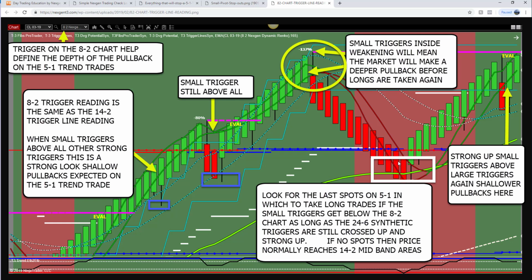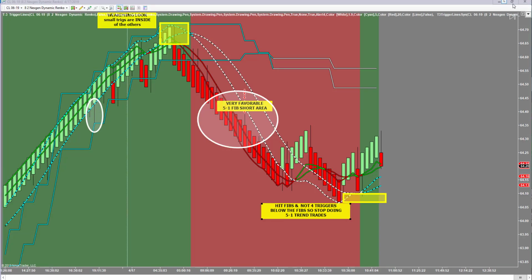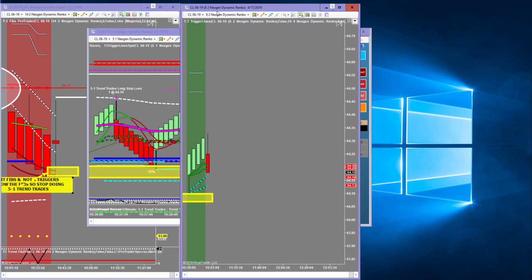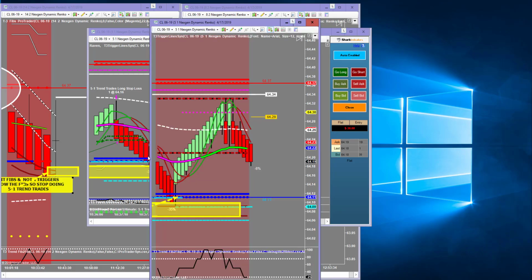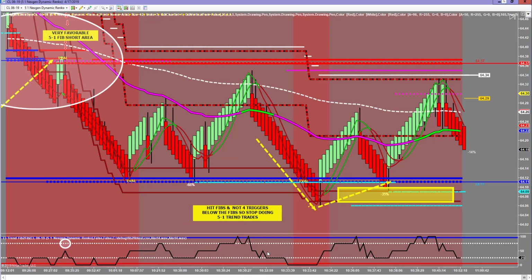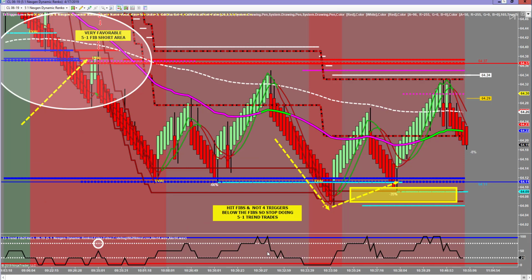And then ultimately you have the 5-1 chart rules where you go down to your 5-1 chart and get your trade. Where did my 5-1 chart go? Because the trading happens on the small chart. But you have to be able to go in and predict the probability of any small chart area holding or breaking based on the 14-2 chart areas and triggers and the 8-2 triggers.